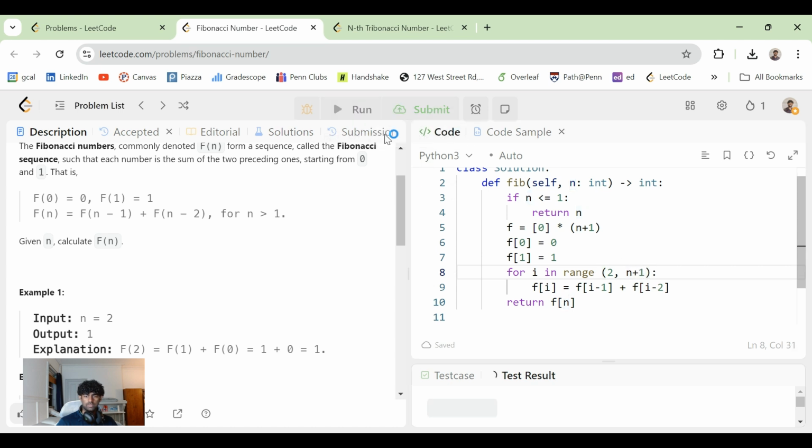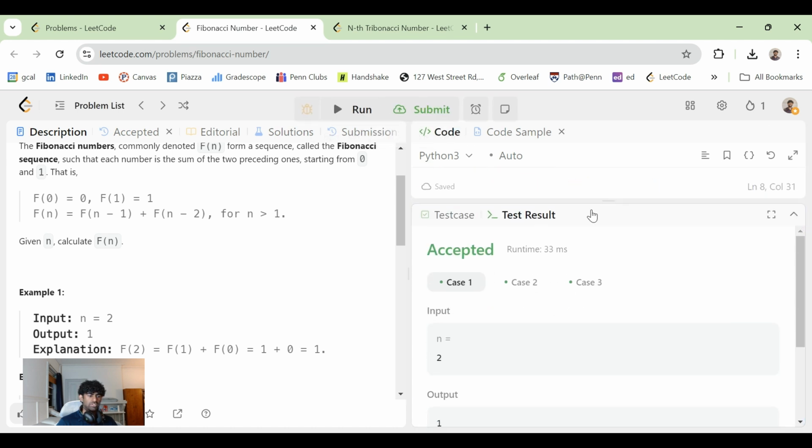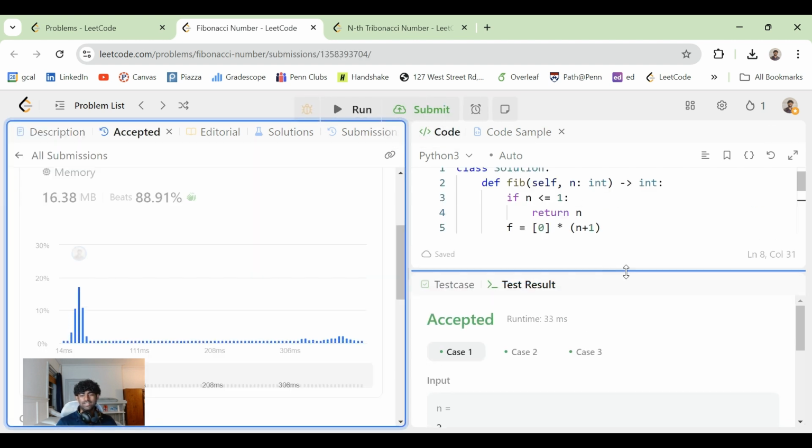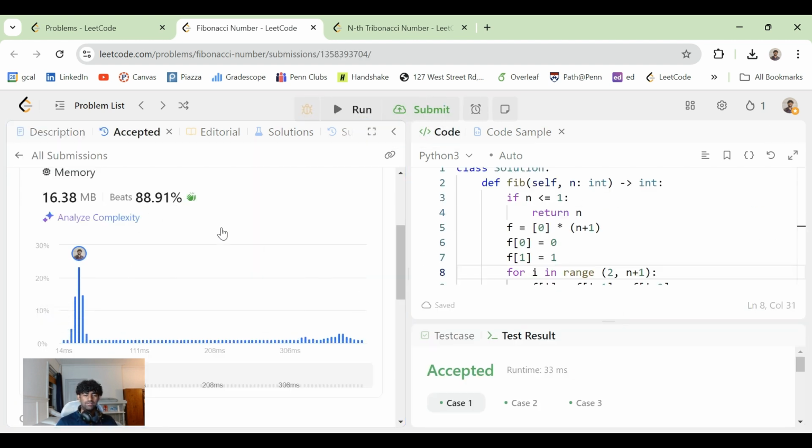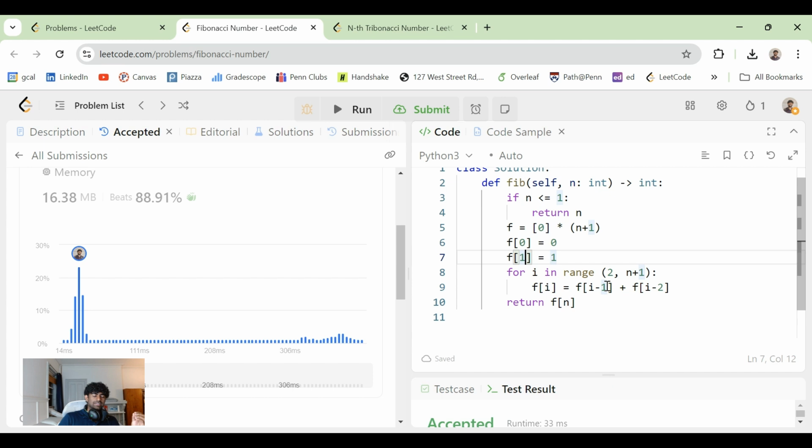And perfect. We have a working Fibonacci solution that beats 88%, 89% of solutions simply by using this simple technique that capitalizes on memory, or information that we already know, right?